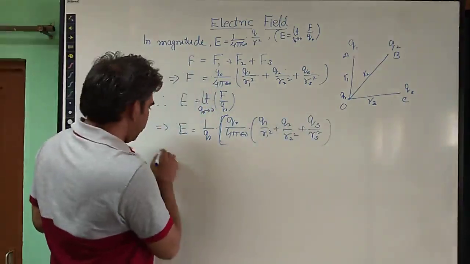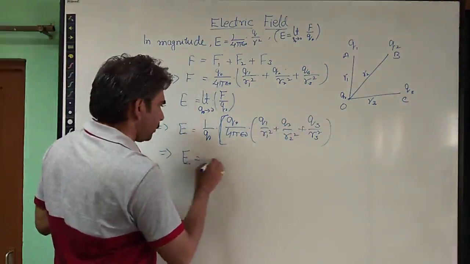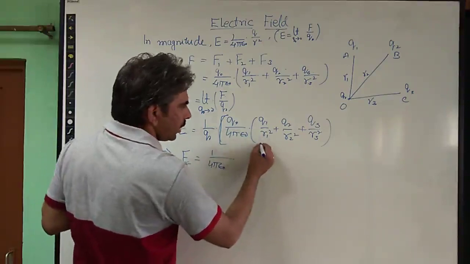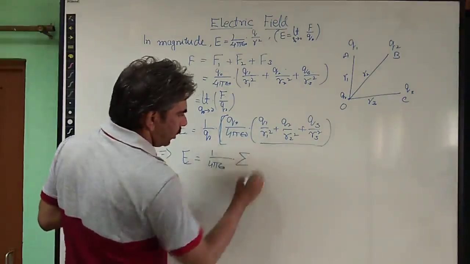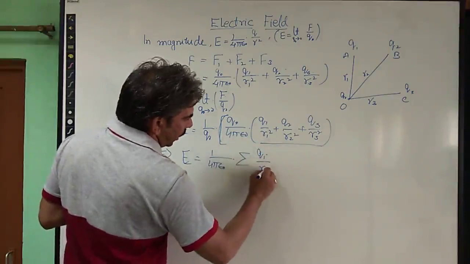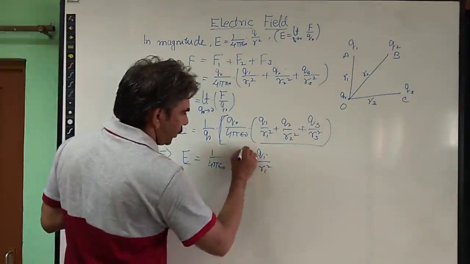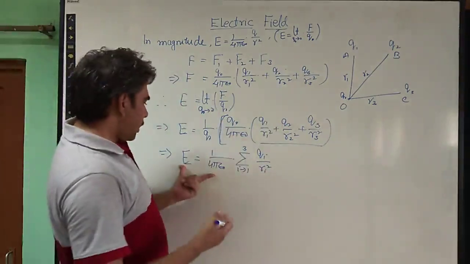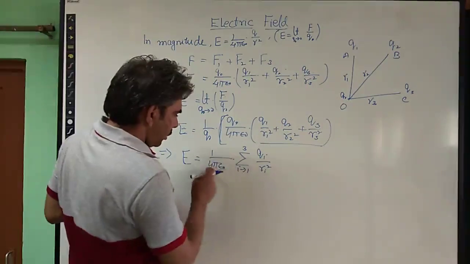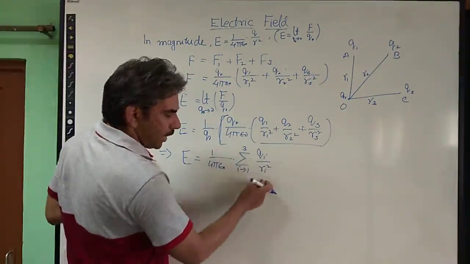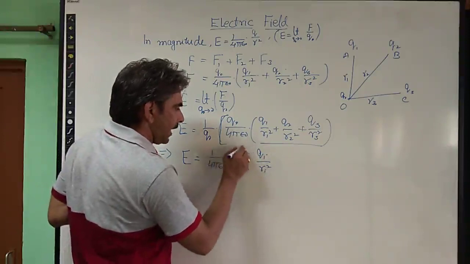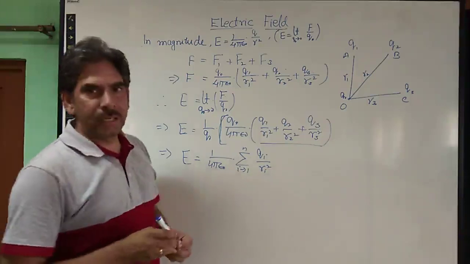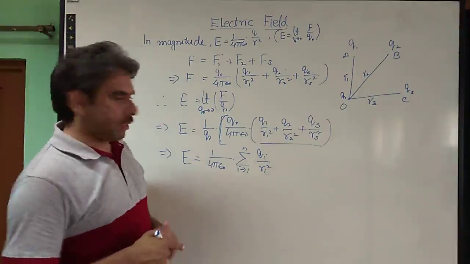So Q naught cancels the Q naught, and we are left with only 1 upon 4 pi epsilon naught into the summation of Qi upon Ri square, where i goes from 1 to 3 if we have only 3 charges. In the general case, we can represent this electric field as 1 upon 4 pi epsilon naught into the summation of Qi upon Ri square, as i goes from 1 to n, and n may be any integer 1, 2, 3 and so on. So this is how we represent the electric field due to a discrete number of charges.